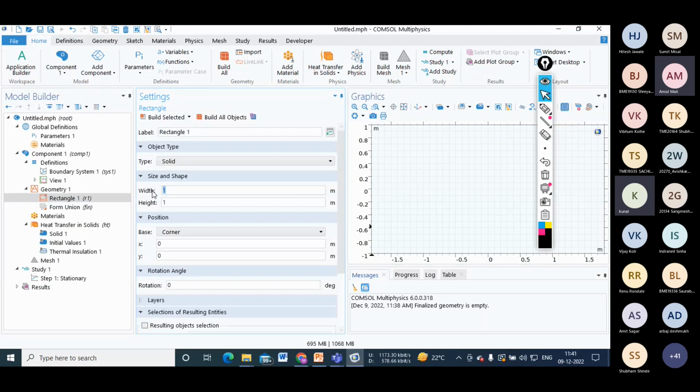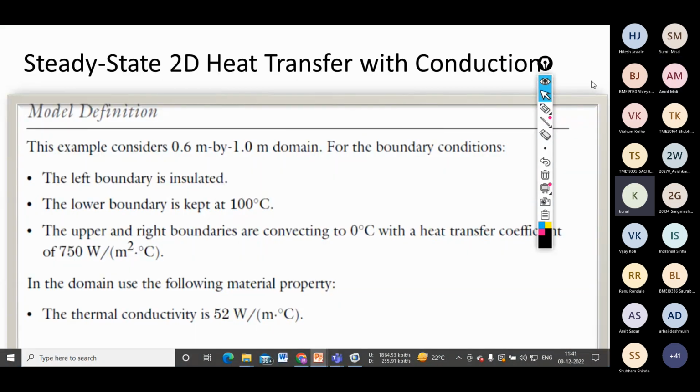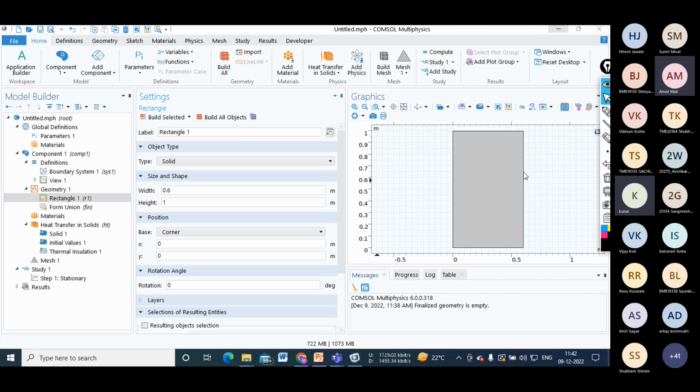Width कितना है इसका? What is the width of this problem? Can anyone tell me? So the width is 0.6 meter and the height will be 1 meter. So I have drawn it. Here you can see the rectangle has been generated.